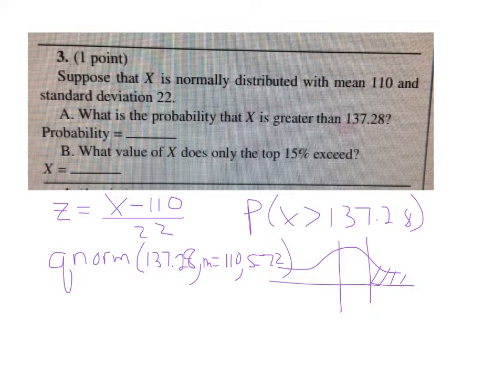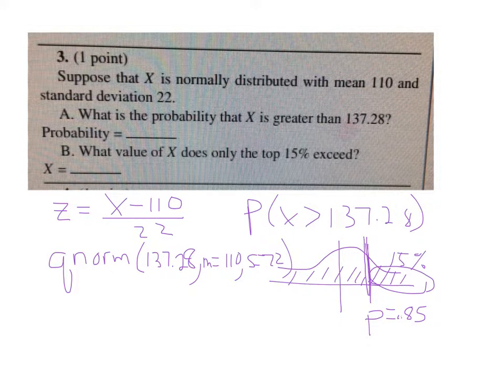Okay, so for B, what value of X does only the top 15% exceed? Now the P value here is 0.85, because that's 85% of the way from here up to this line, and it would leave 15% in this right-hand tail. They want to know what value of X would correspond to that.